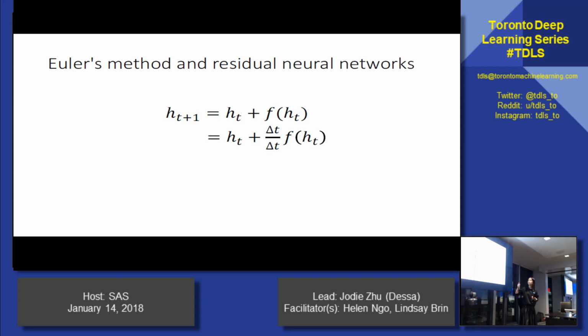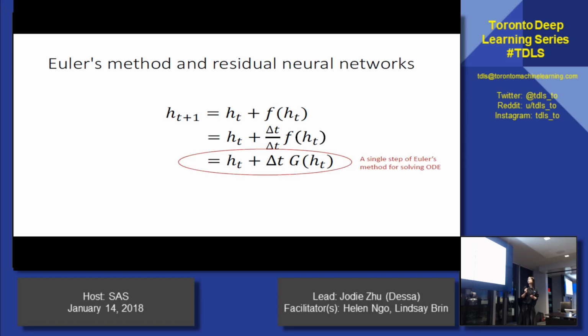We reformulate the formula, so this will be ht plus 1 equals ht plus delta t times a function. Does that look familiar to you? This is actually a single step of Euler's method for solving the ODE, the ordinary differential equation. By the time I read this paper, I had totally forgotten what an ODE is, so I did Google it. It reminded me of what I learned in undergrad. Do not be worried if you don't remember ODEs; we will review what you learned in undergrad.